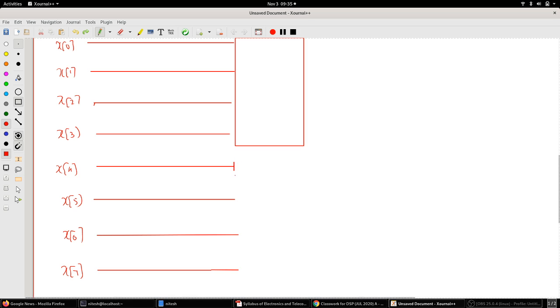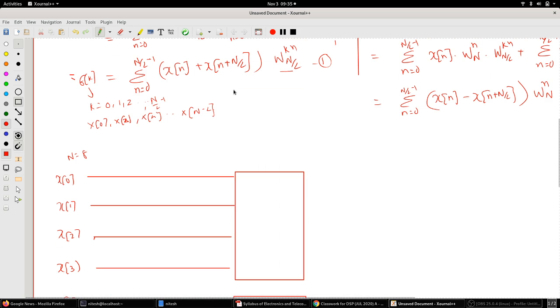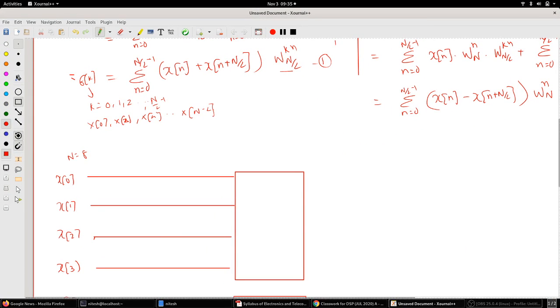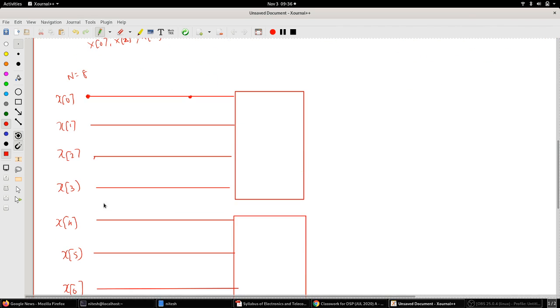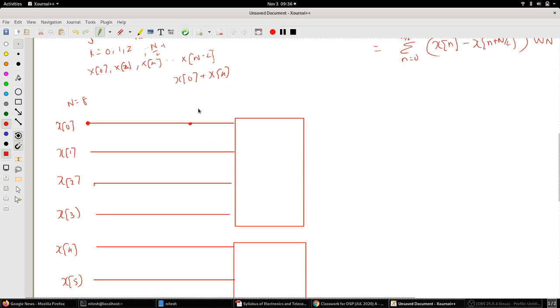So what I have to do now is, the input to this N by 2 point DFT is actually x of n plus x of n plus N by 2, so this will be x of 0 plus x of 4, right? This will be equal to a new sequence.